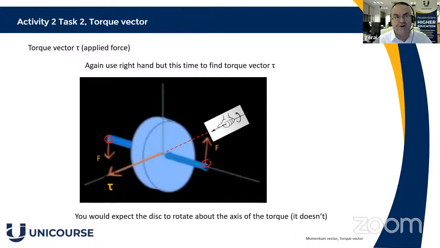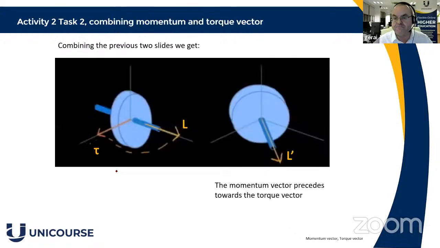Now what we're going to do is combine these two images, this image and the one from the previous slide. So we have the momentum vector, L, which is acting along the axis in this direction due to the way that the mass is rotating. And we have a torque vector due to the torque applied by those external forces.